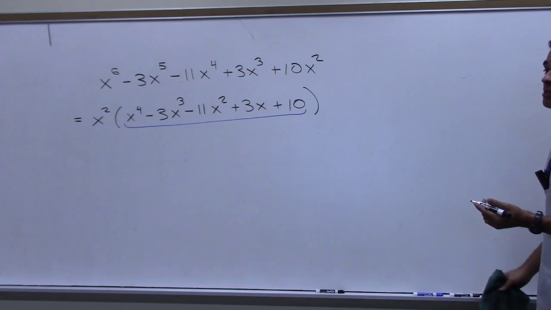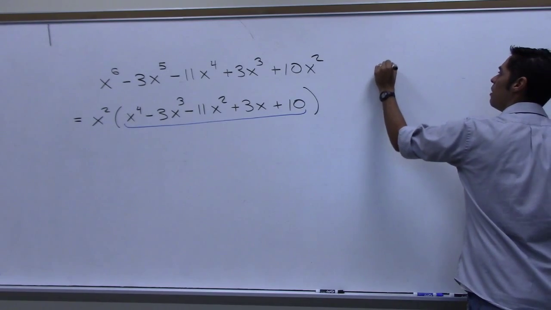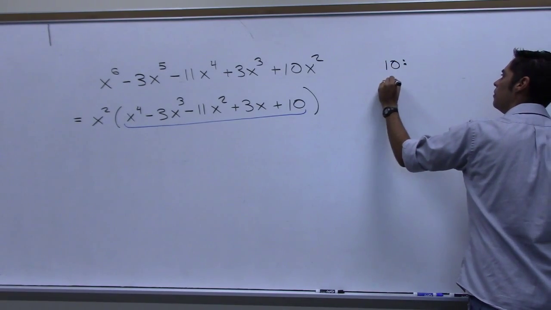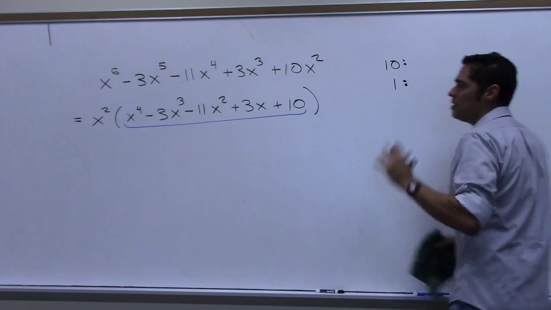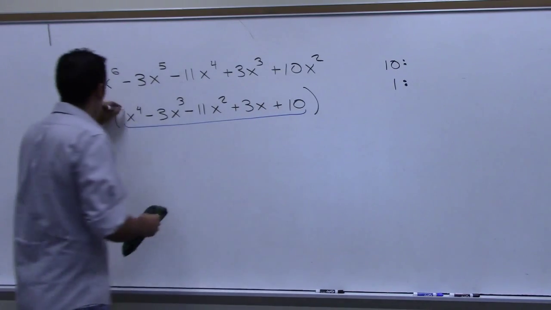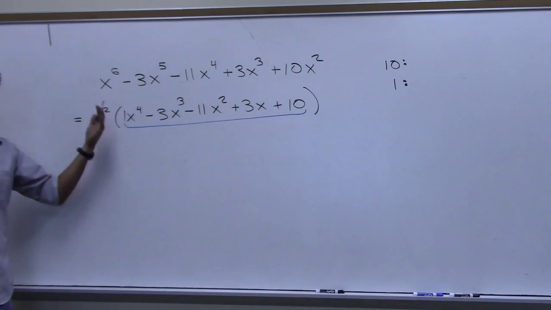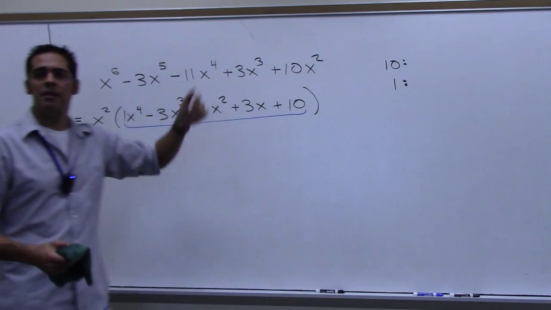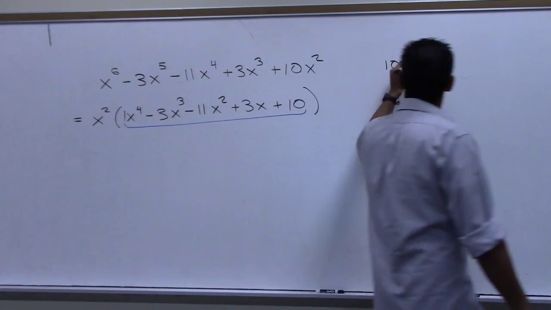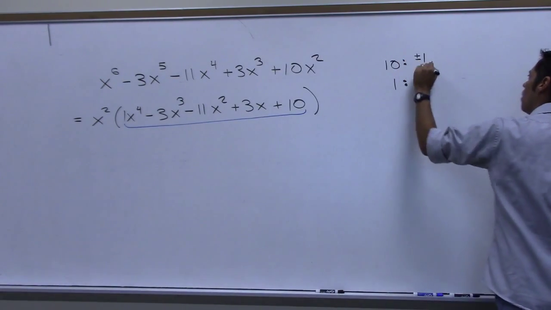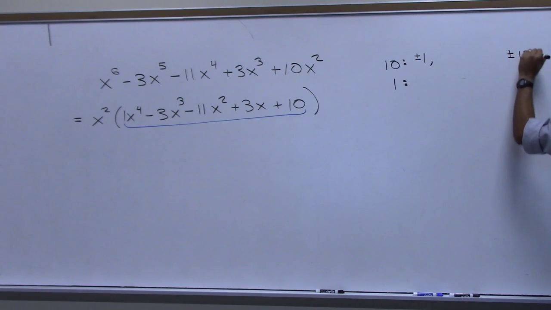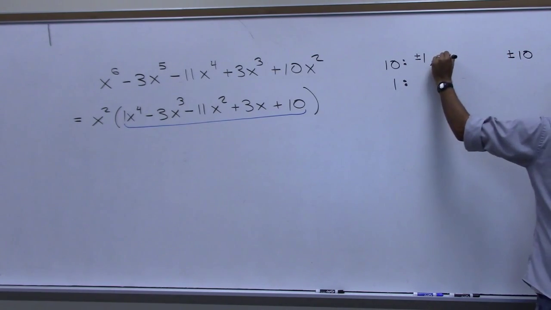So I have a list, right? What are the 2 numbers that I'm going to create my list from? 10 and 1, right? And since it's a 1 again, I got very lucky here. Really the only list I have is for the 10. So plus or minus 1 and plus or minus 10. What else? 2 and 5, that's it?